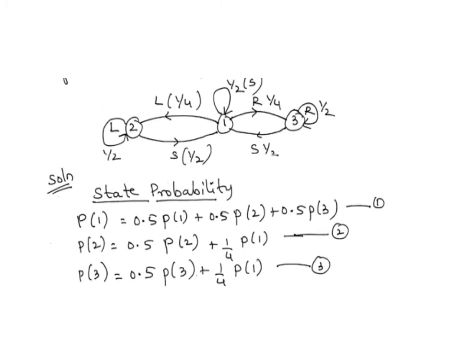So in order to write state equations, we have to consider only incoming probabilities. We need state equations to determine state probabilities, and they are written considering only the incoming probabilities.